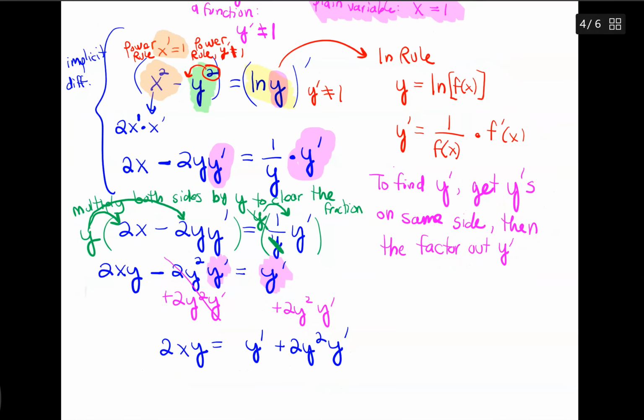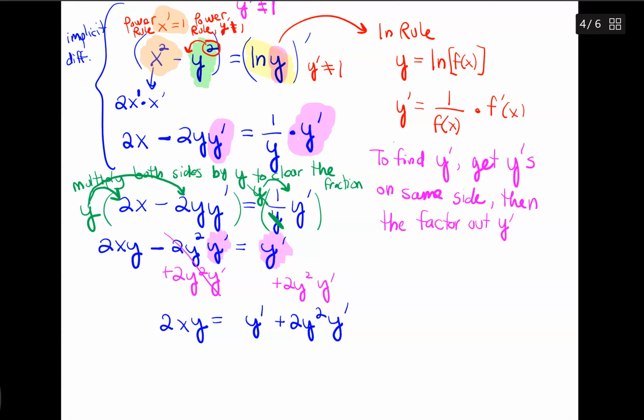Okay, and now my y prime is still in 2 locations, so I'm just going to factor it out. Oh, sorry, I'm factoring out the y prime. So there was an understood 1 coefficient in front of the y prime. If I factor it out, that 1's going to get left.